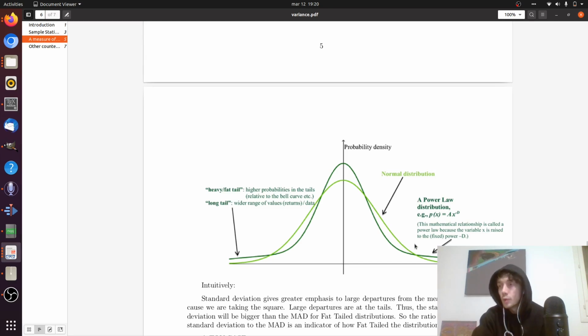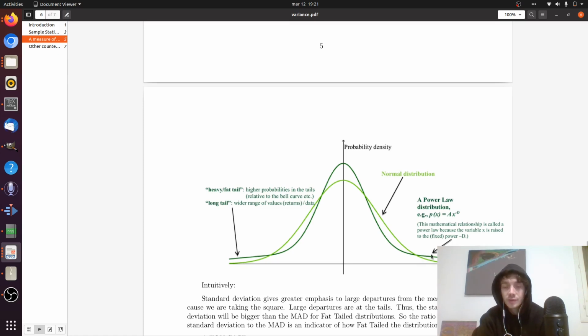So just heuristically, there are technical mathematical ways to define what fatter tails are, but just heuristically, you think about a distribution has thicker tails than another one if it assigns higher probabilities at the extremes. If it is assigning higher probabilities to the outcomes that happen at the extremes, then we can heuristically think about it as having fatter tails than one that does not assign as big a probability to extreme values happening.